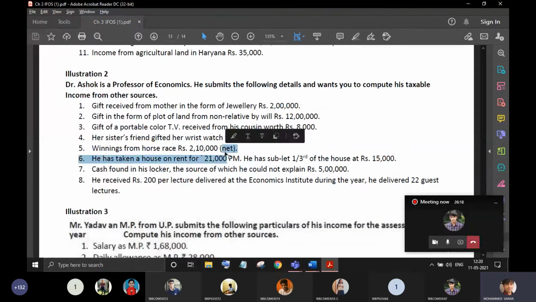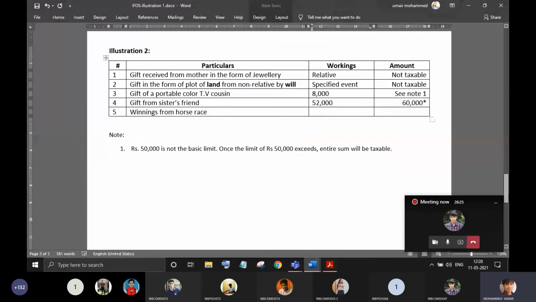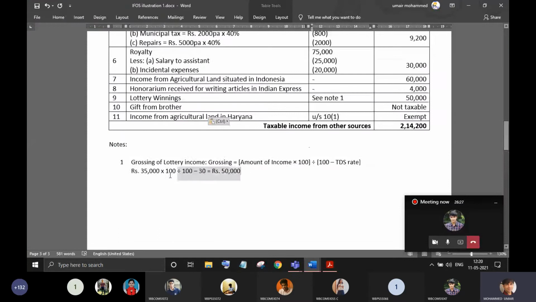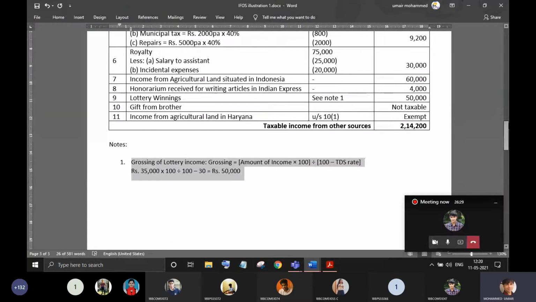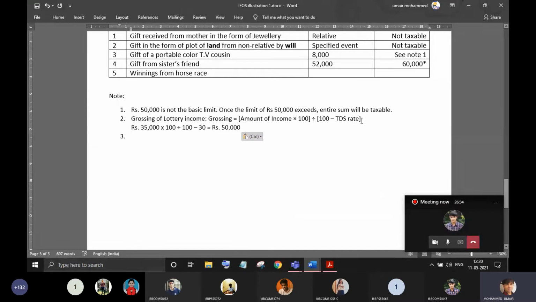Here the word net is used, which means the TDS is already deducted. As per the rules, for any net income, we should do grossing up, similar to what we have done in the previous illustration. So let's take the equation from there and write down the data. The value of the winning is 21,000 and the rate of TDS is 30%.